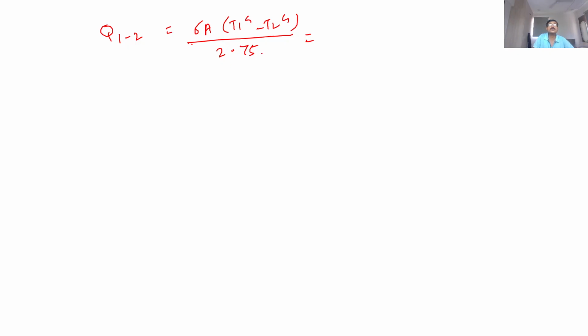So I will take the inverse of 2.75. It comes as 0.3636 sigma A T1 raised to 4 minus T2 raised to 4. So this is Q without shield. So I got this answer. This is equation 1. Okay, now Q with shield.